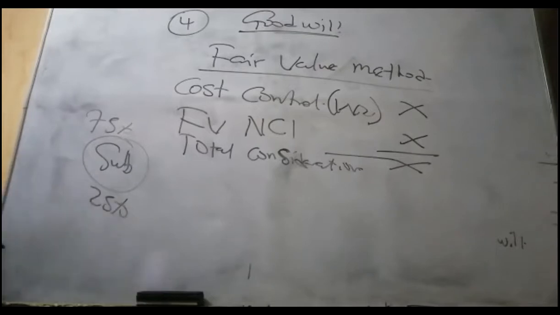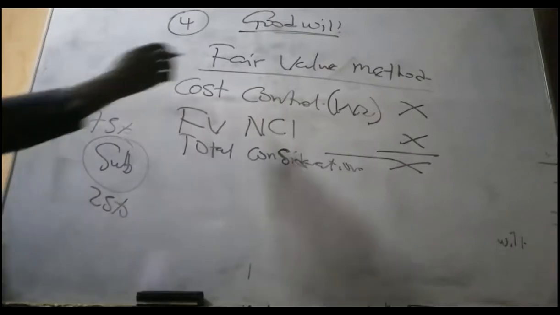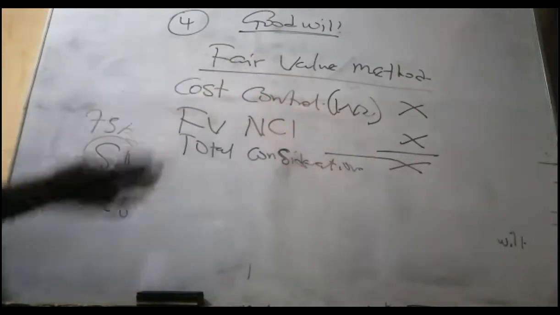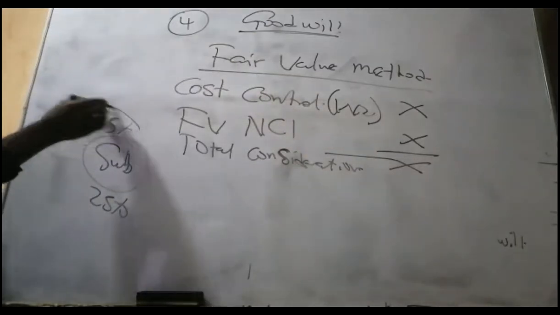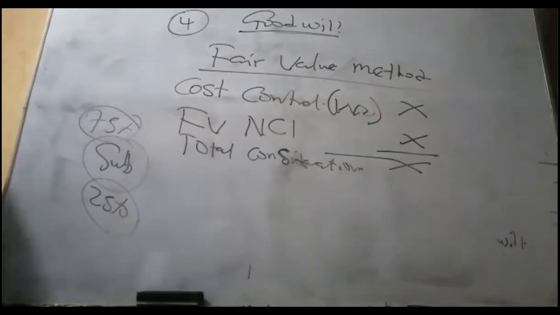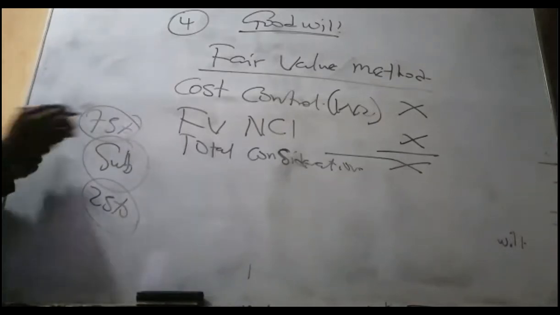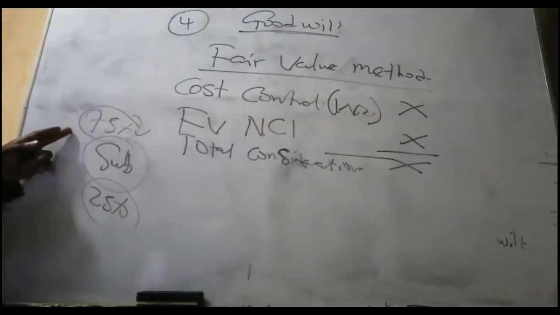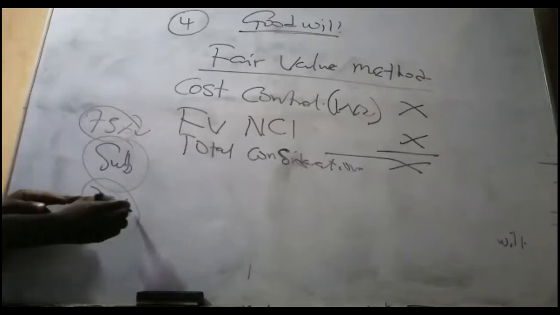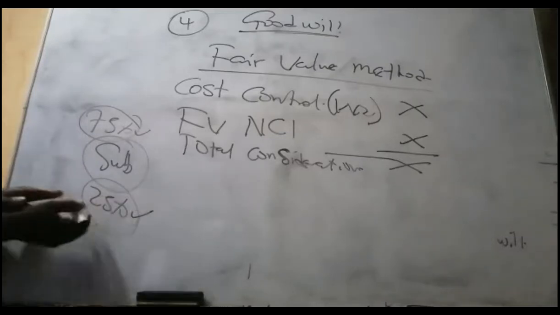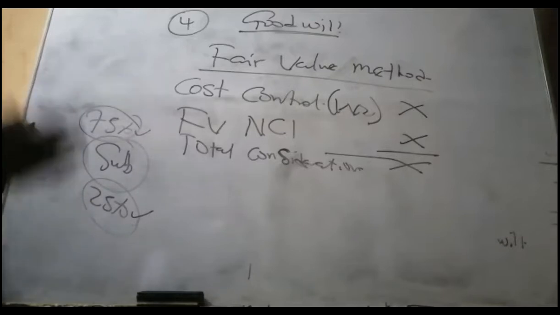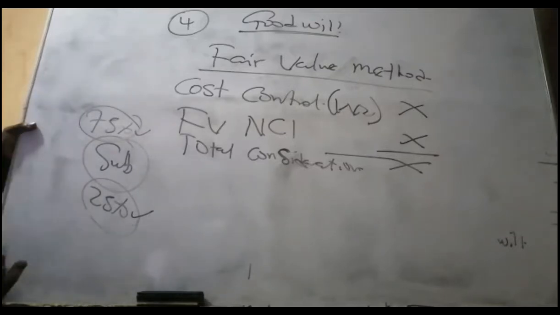Now, the fair value method, or the full goodwill, means goodwill of what we paid plus goodwill of what other people paid, put together. That gives us the full goodwill. It's the goodwill of the parent, who acquired 75%, plus the goodwill of the NCI, who acquired 25%. That makes it full goodwill. So what everybody paid must be taken into consideration.